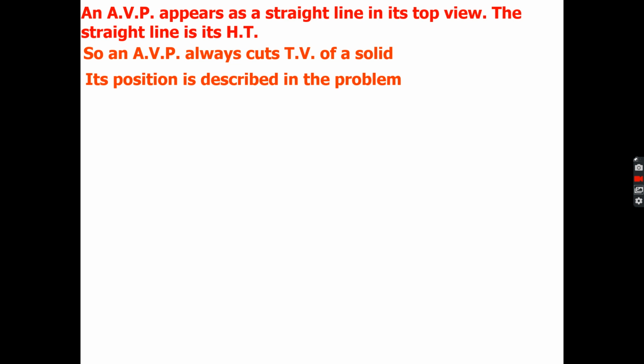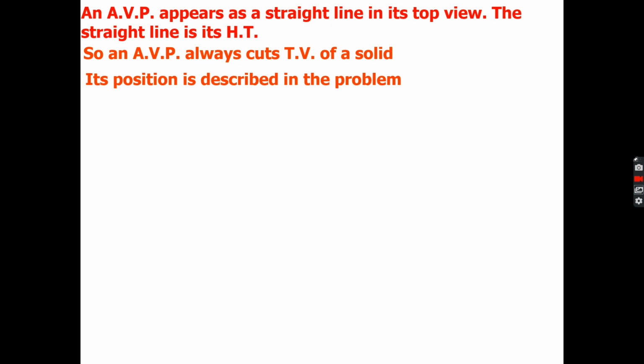Similarly, if there is a 2D object, you can cut it by use of a line. If there is a 3D object, we make an orthographic projection and show its top view and front view, and it is a 2D shape. So we can cut the 2D shape with the help of a straight line.